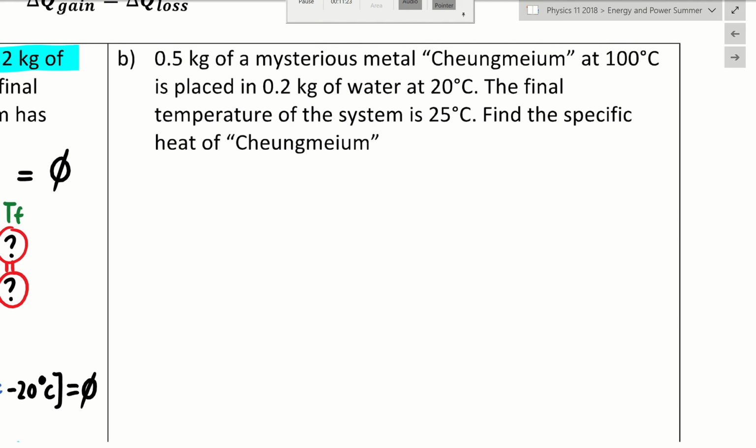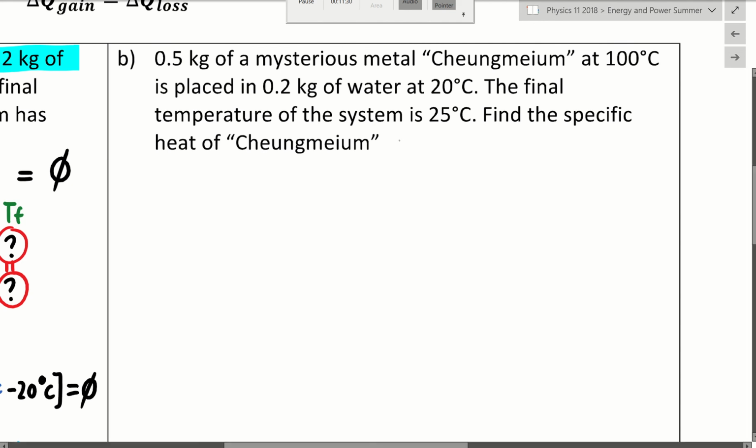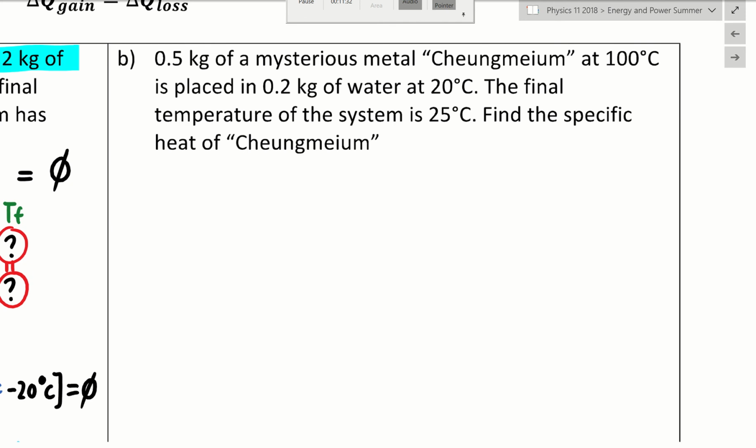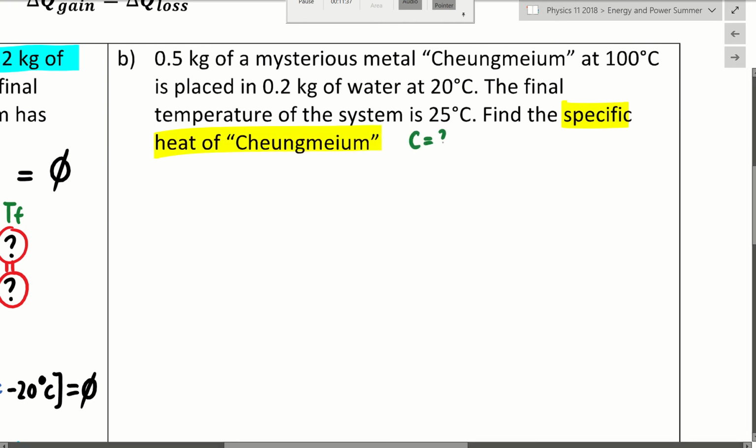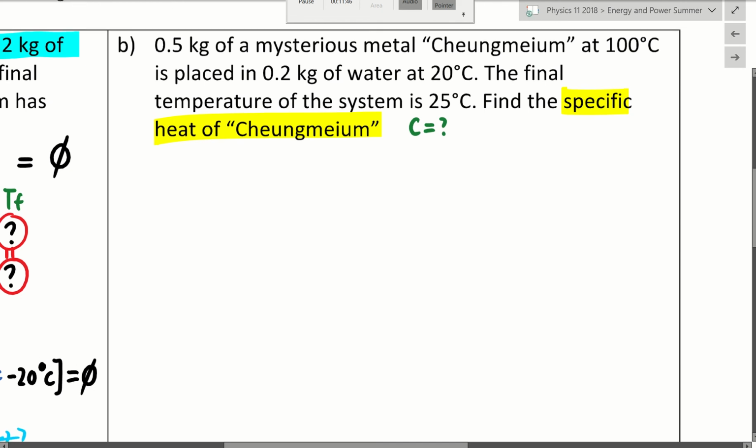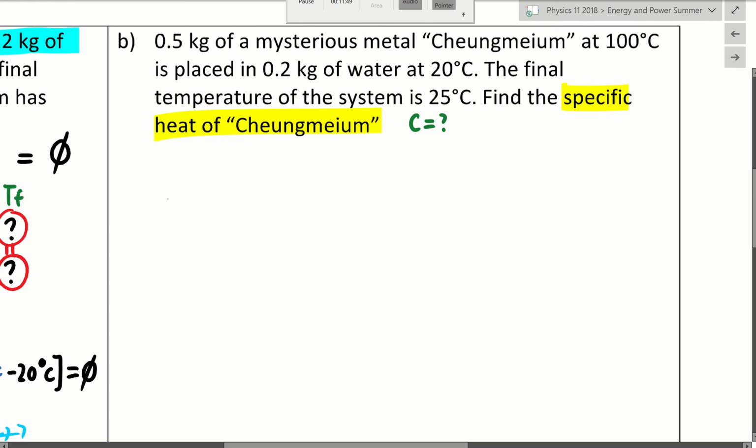That means I made up a material and I termed it chromium after myself. And I would like you to find the specific heat capacity of this mysterious material, which means I want to know C. I don't know that, but I do know everything else. I have a bucket of water, which is 0.2 kilogram at 20 degrees Celsius.